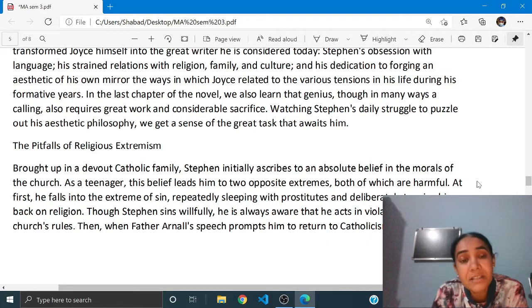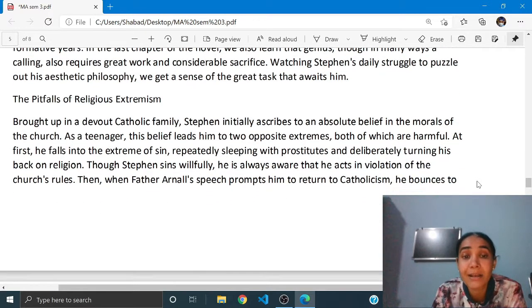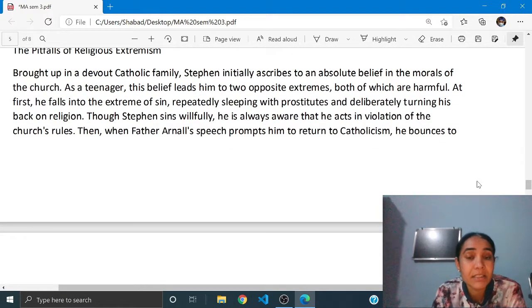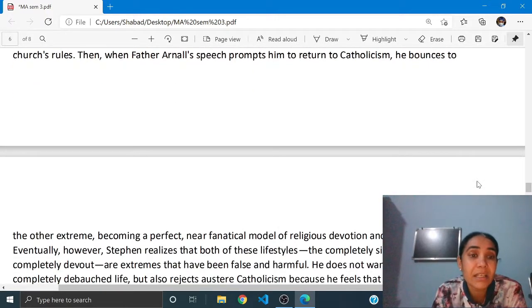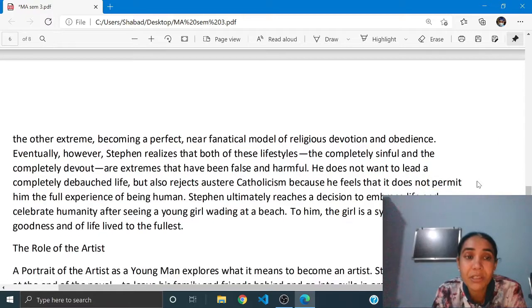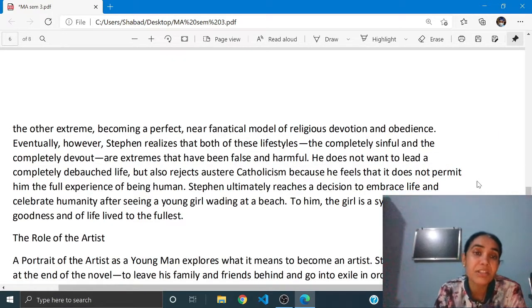Now, Stephen sins willfully, but he is always aware that he has violated the rules of the church. So, when Father Arnold's speech advises him to return to Catholicism, he jumps to the other extreme and becomes a perfect fanatical model of religious devotion and obedience.